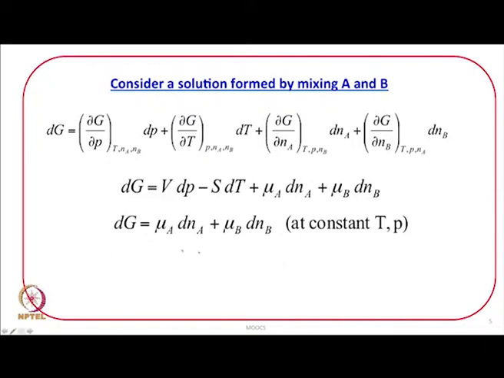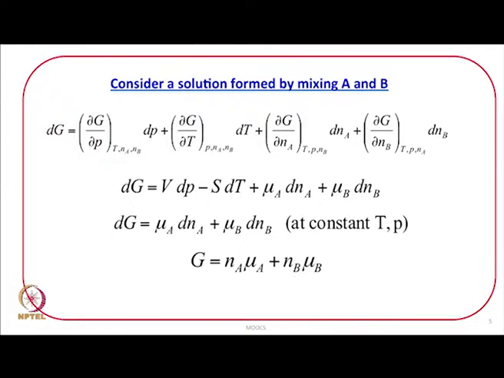From this equation, if I integrate and try to find the total value of the Gibbs function, since chemical potential is constant, the expression will turn out to be G is equal to mu A times Na plus mu B times Nb, because we are treating the chemical potentials to be constant over here.